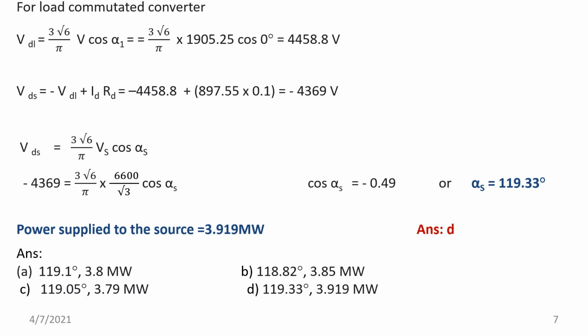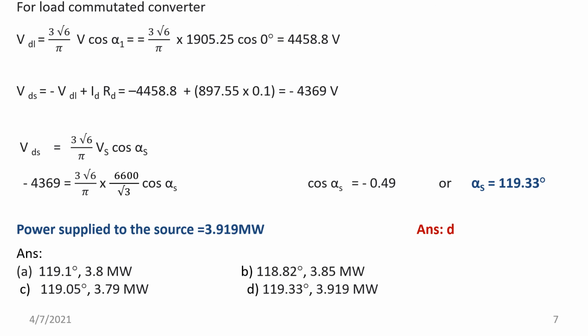I have just substituted the value of V_D load side, 4458.8. The minus sign is already there in the equation. So minus of this plus I_D into R_D, 897.55 into 0.1. The answer for V_DS is minus 4369 volt, which is equal to 3 root 6 by pi into V_S into cos alpha S.